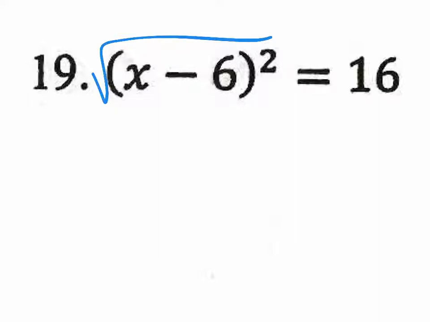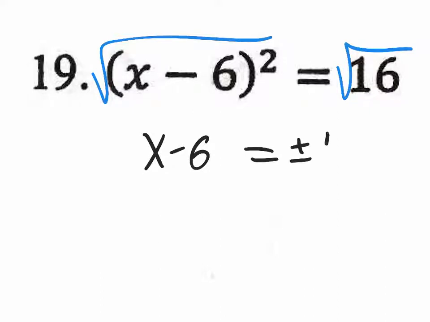So when you take the square root of x minus 6 squared, that becomes x minus 6. And what you do to one side, you must do to the other. So you'll end up with equals. Now, when you do apply a square root, you have to put a plus minus in front of your answer. So it would be plus minus 4. Now, after this, you need to still get x by itself. So you would have to add 6 and add 6.